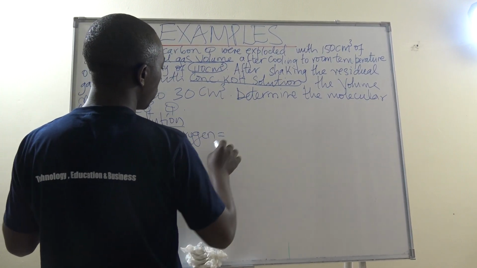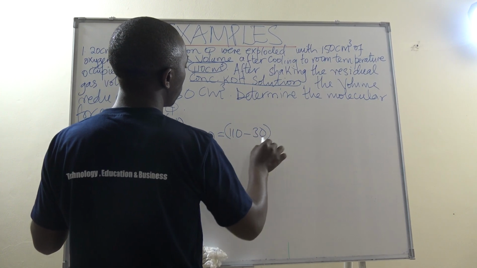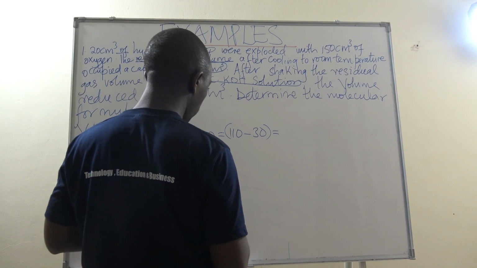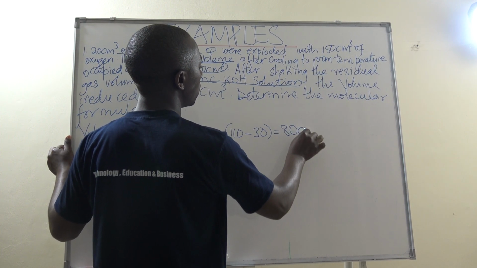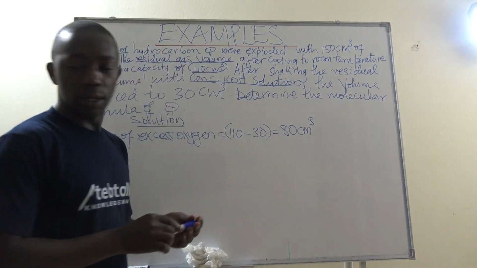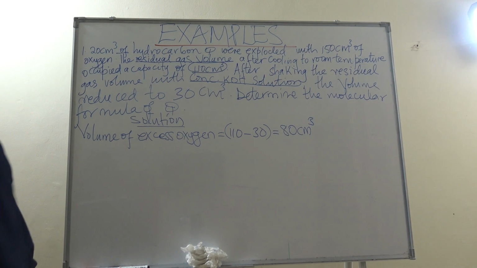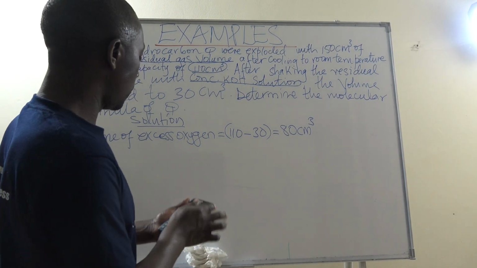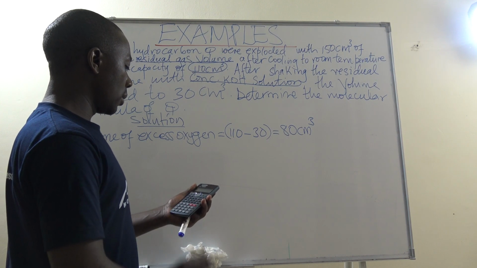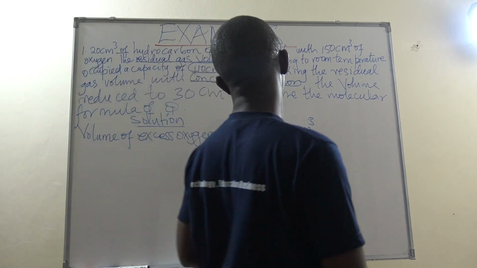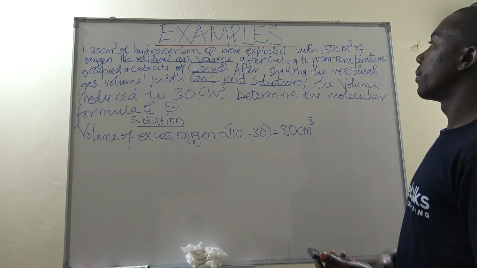The residual gas volume is 110 minus 30. Then that gives us 80 cubic centimeters. So this is the volume of excess oxygen that never reacted.